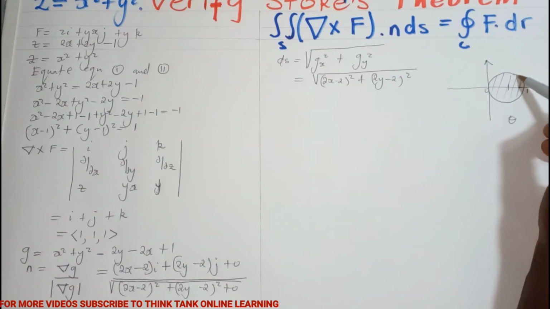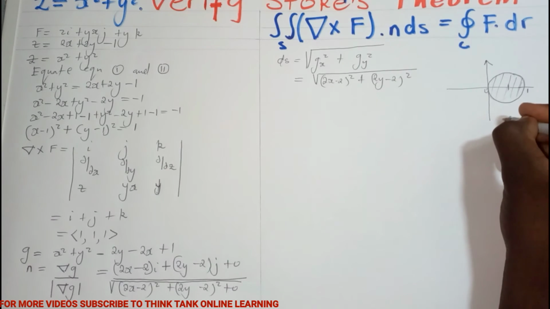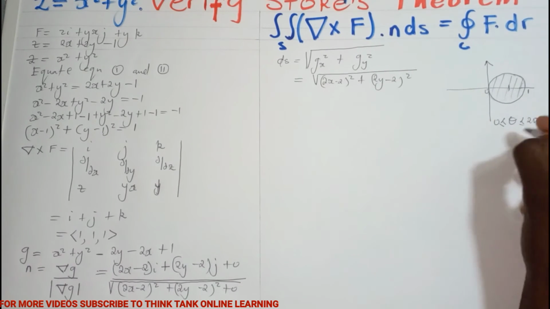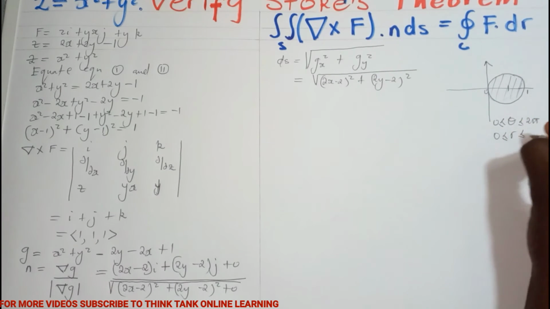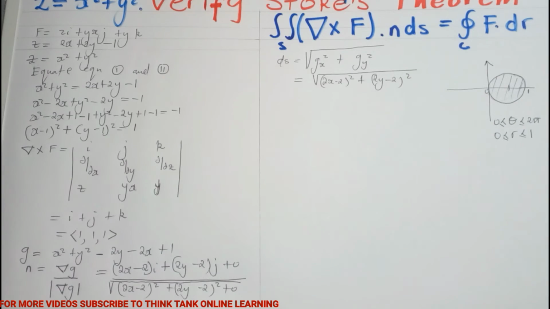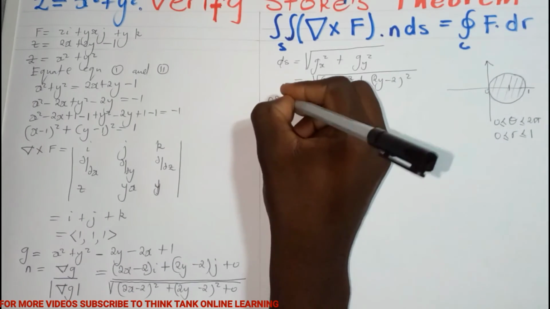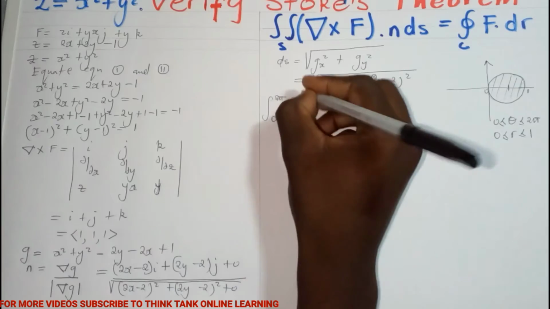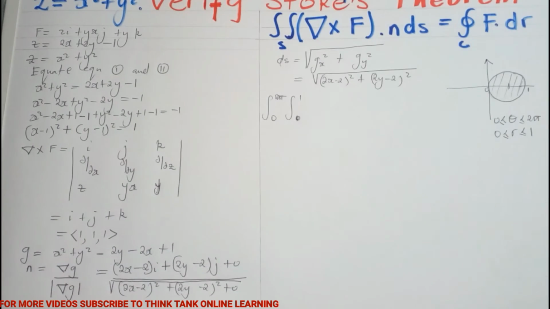So theta ranges from 0 to 2 pi, and r, the radius, from 0 to 1. So now we're good. I'm going to say the double integral for theta from 0 to 2 pi, then r from 0 to 1.